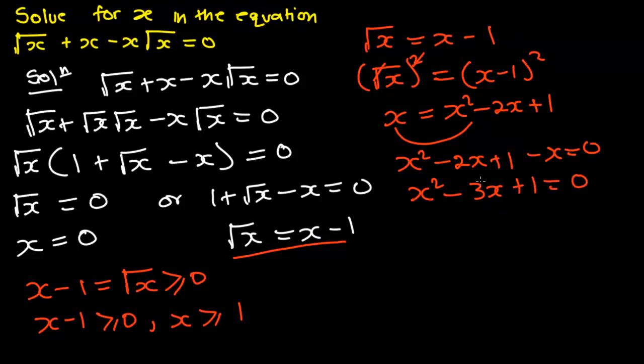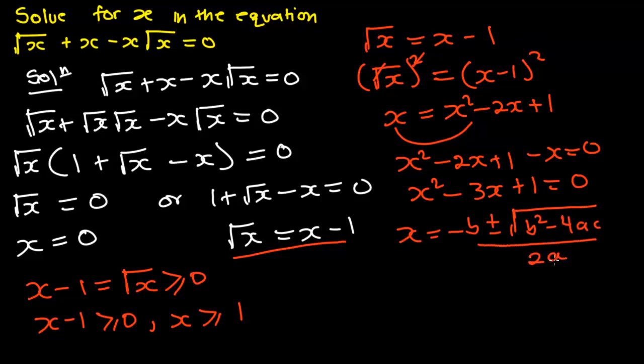Now from here, we are going to use the quadratic formula to be able to get the values of x. And the quadratic formula is given by x equal to negative b plus or minus the square root of b squared minus 4ac all over 2a. And so to be able to get a, b, and c, we are going to compare this equation with the general quadratic equation. And when we do that, we are going to have a equal to 1, b equal to negative 3, and then c equal to 1.